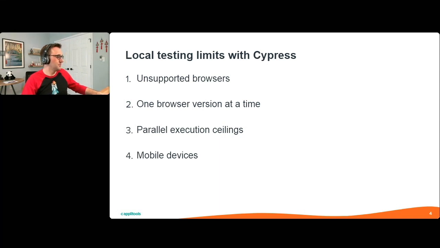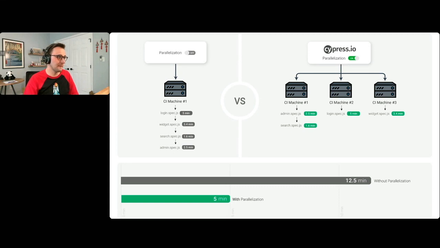So how can you then do full-fledged cross-browser testing with Cypress if we have all these local limitations? Well, Cypress actually provides you the tooling to do this, but you kind of have to do it yourself. You can go on the Cypress doc site and look up their articles on parallelization and cross-browser testing.